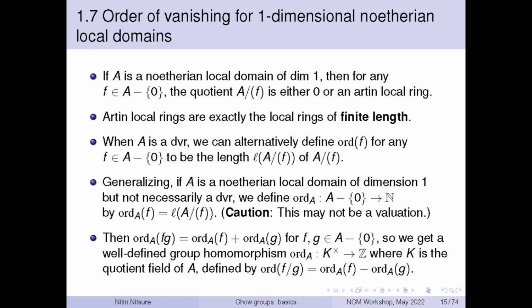And because it is additive, now I have a well-defined order also on the quotient field. Because it's a one-dimensional Noetherian local domain, it has a fraction field, and I can define the order of A upon B as order of A minus order of B. This is well defined because on A it is additive. I may have two ways of writing that ratio, but then this times this is equal to this times this.